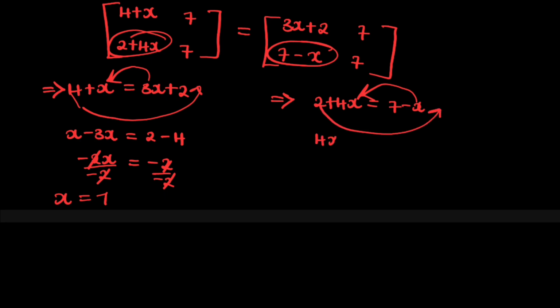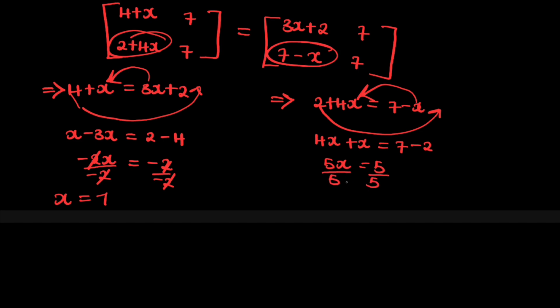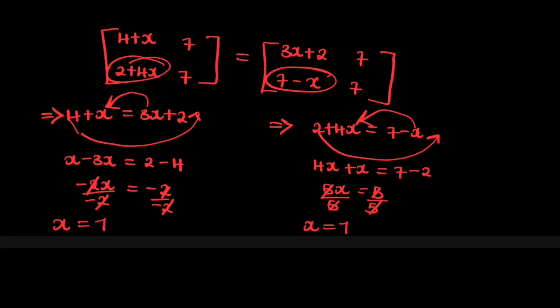So we have 4x plus x equal to 7 minus 2. 4x plus x is 5x, 7 minus 2 is 5. So let's divide both sides by 5. As you can clearly see, our x is equal to 1. So this tells us that we are on track and 1 is our value of x.